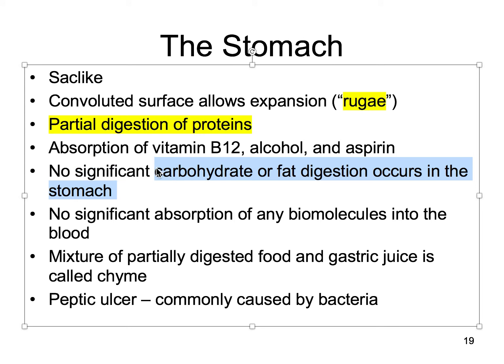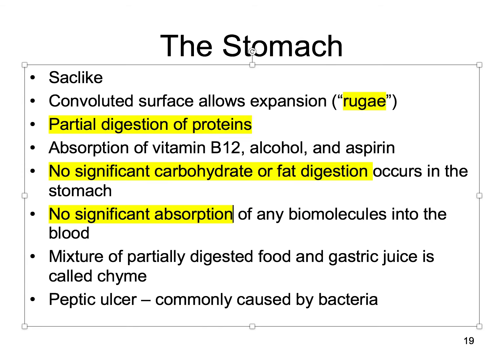Now, you don't see any significant levels of carb digestion or fat digestion happening in the stomach. This happens later in the tract, in the small intestine. But we do see partial digestion of proteins. So there is no major fat or carb digestion, and you also don't see any major absorption happening.